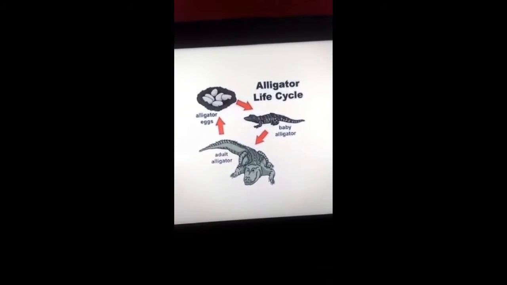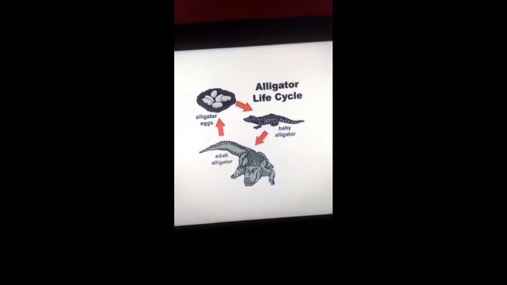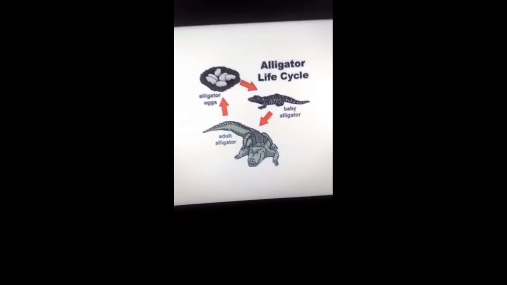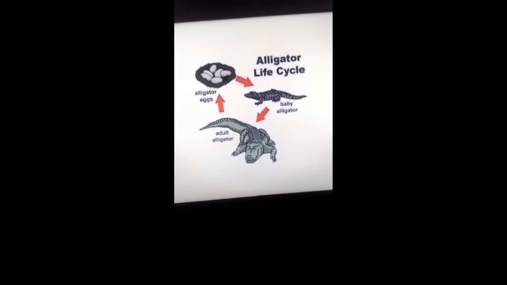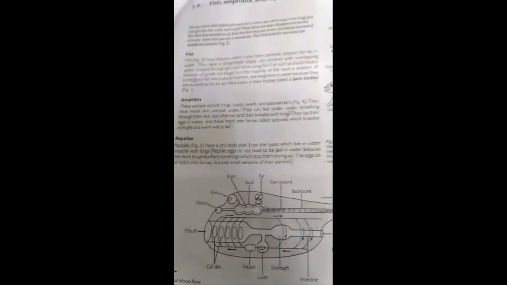See, here we have the life cycle of an alligator. The adult alligator lays eggs on the land, then they hatch into baby alligators, and finally it grows up to an adult alligator again. So this is a very simple life cycle of an alligator. So we can easily differentiate between an amphibian and a reptile.